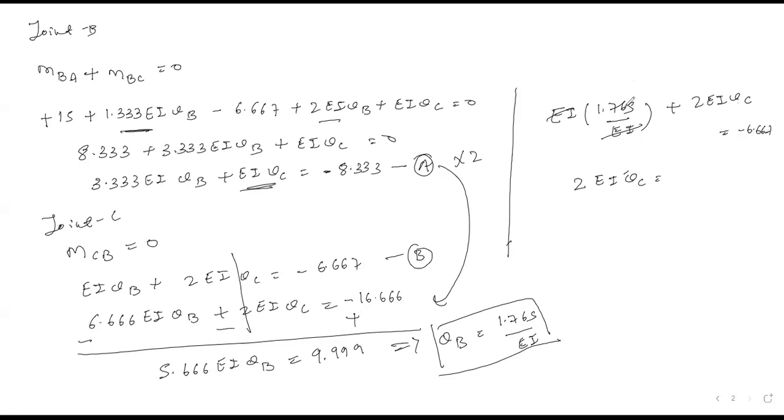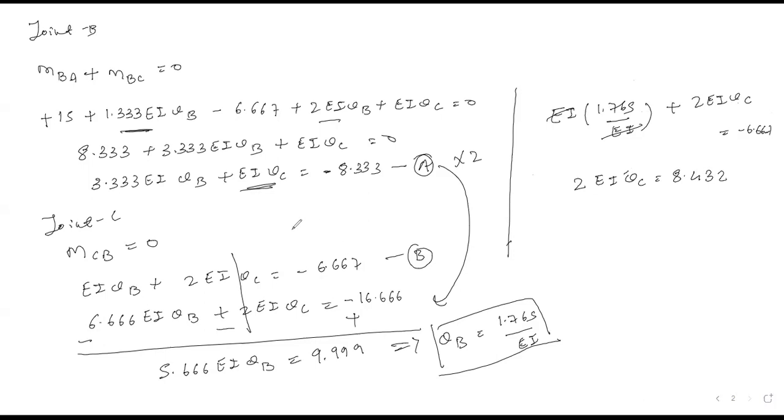1.675 on left side positive. Whenever we are sending it to the right side, it will become negative. Okay, and it will be added to the negative value, so it will be an adding term. So we can say that is equal to 8.432 divided by 2. So we will get theta c as 4.216.